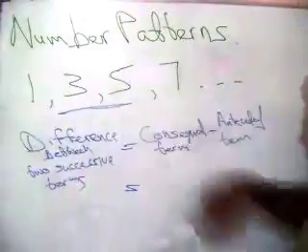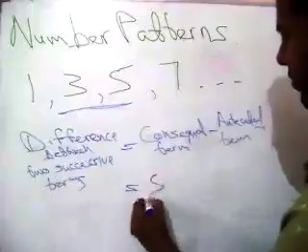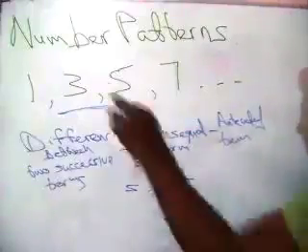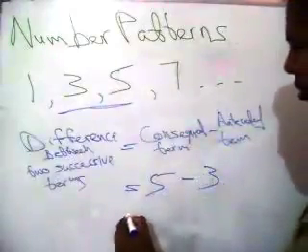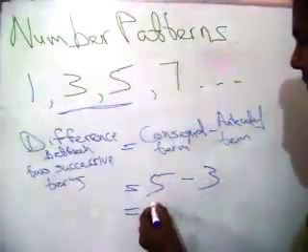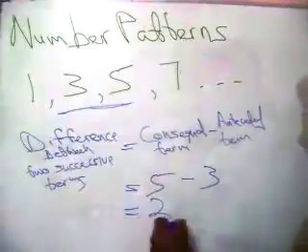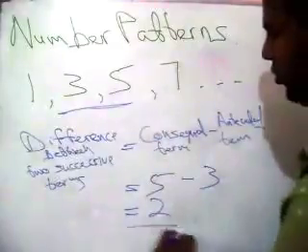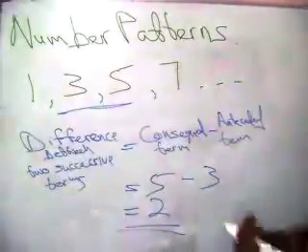Here, if you take 3 and 5, the consequent term is 5 minus the antecedent term, which is 3. So 5 minus 3 is 2. So 2 in this number pattern is the difference between two successive terms.